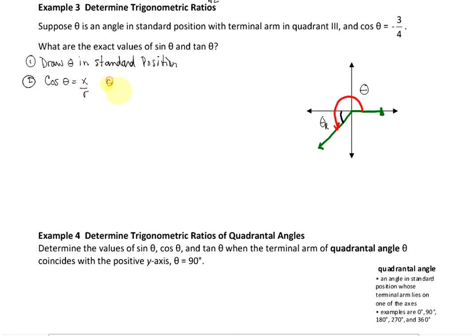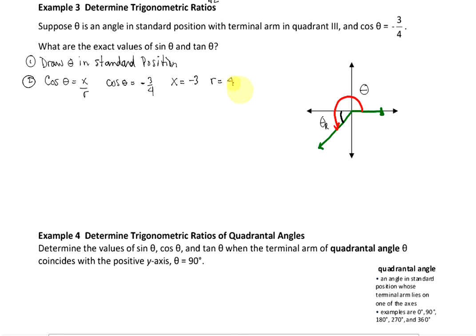So if cos of theta is equal to negative 3 over 4, then we do know what x is and we do know what r is. Now remember that r is always going to be positive. So this negative sign on your cos theta then is going to belong to the 3, not the 4. So we know that x is equal to negative 3 then, and that r is equal to 4.